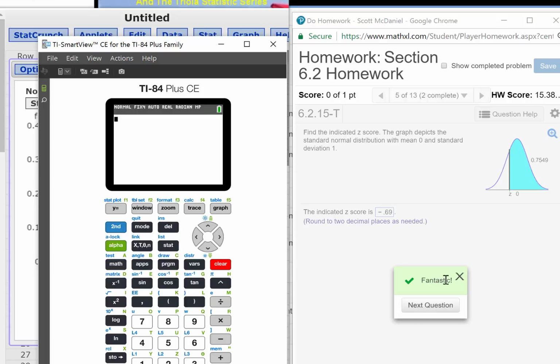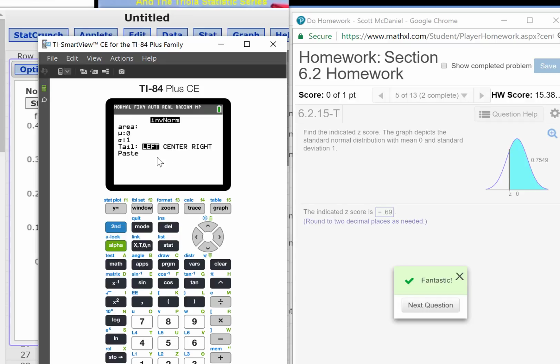Now let's look and see how this is done on the TI. So we're going to again go to second distribution to access this time the inverse normal function. So when you're given the area and asked to find the z, or in subsequent lessons will be the x value, we're going to select inverse norm if you're given the area.